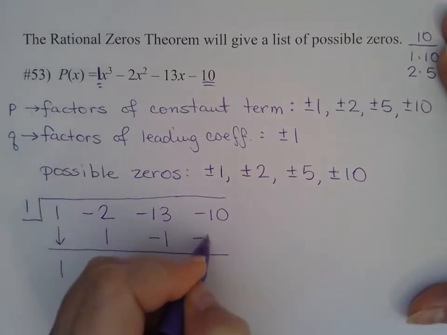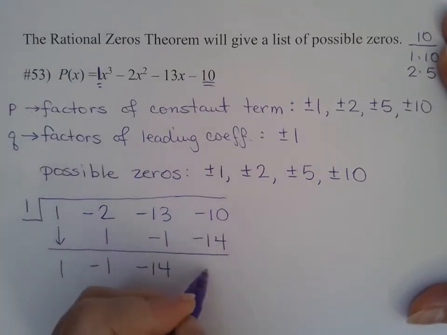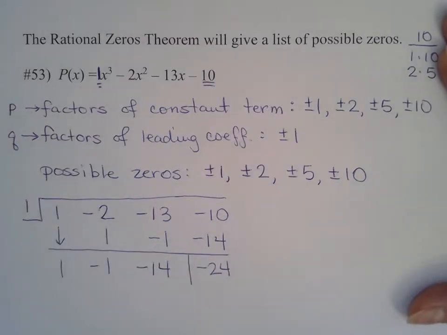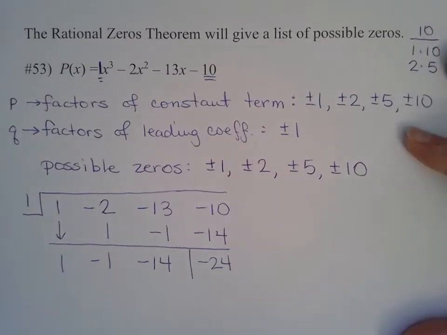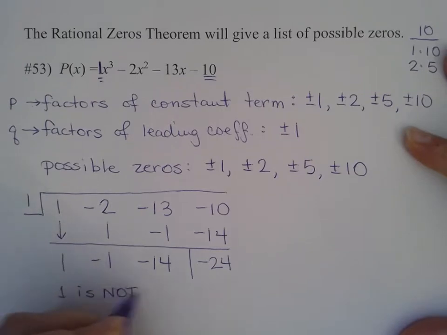Multiply, and then add down. Okay, so I tried 1 to see if it was a 0. Is 1 a 0? And the answer is no, because in order for it to be a 0, I would need to get a remainder of 0, right? So 1 is not a 0.